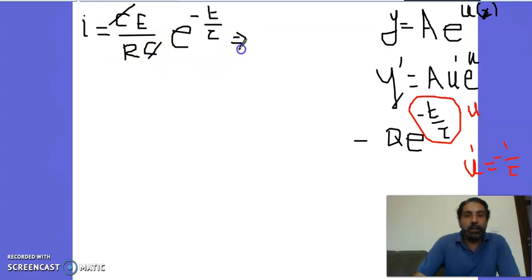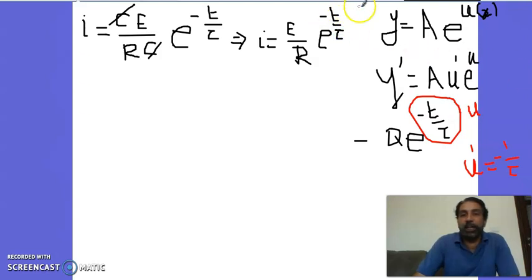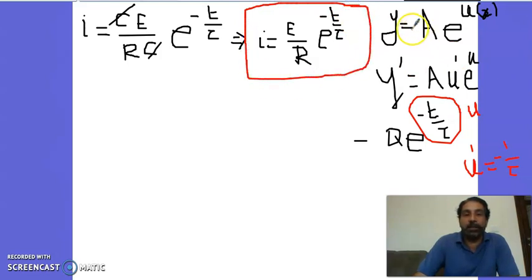We get I equal E over R exponential minus t over tau. This is the expression of the electric current. Of course, you don't have to recognize this expression, but we want to use it in our analysis. Okay? Now we study an important remark.